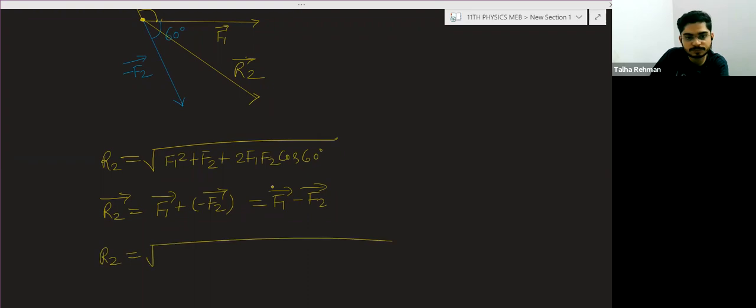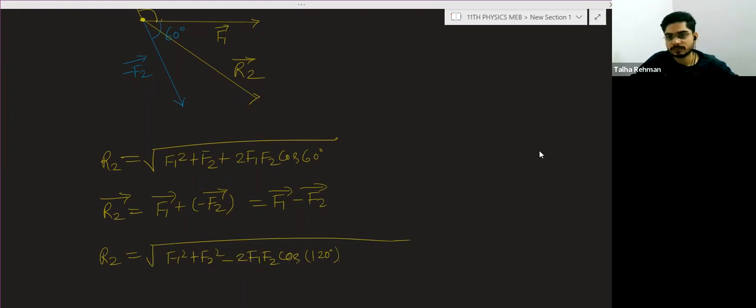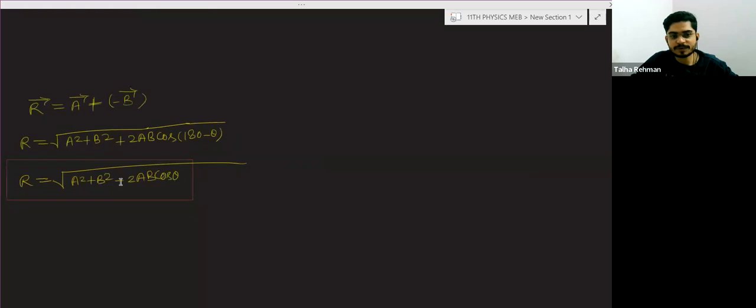R2 is equal to F1 square plus F2 square plus 2, sorry, you will write here the minus. You can check the formula of the subtraction: minus 2 F1 F2 cos theta. So theta will be 120 there. See the formula here, subtraction of the vector: a square plus b square minus 2ab cos theta.